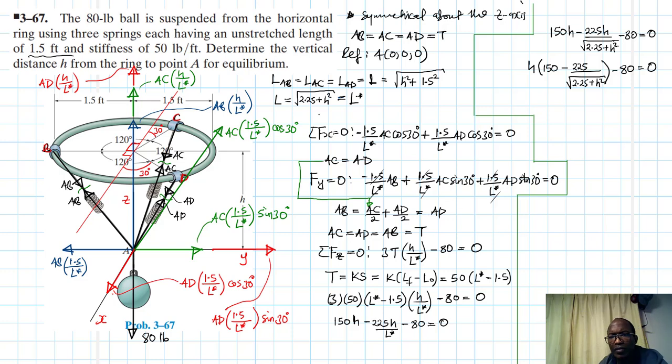Alright, so how do we solve this? We can solve this using a number of methods. I'm going to use trial and error. So I'll let this be my function of h, where I have h times 150 minus 225 divided by the root of 2.25 plus h squared.